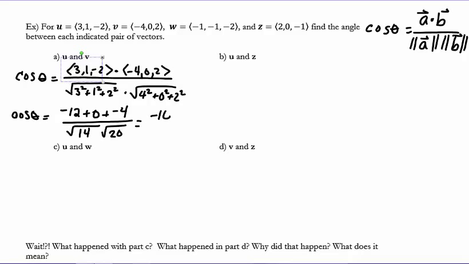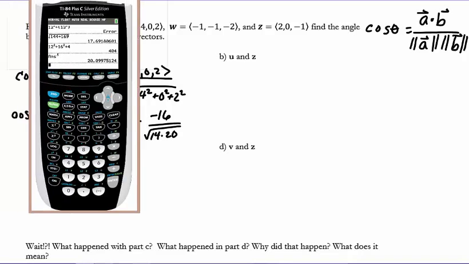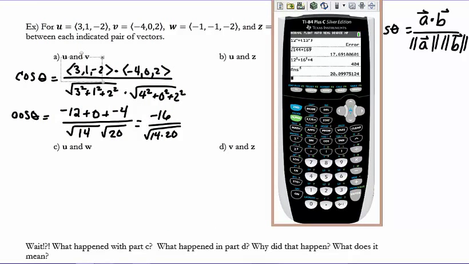So that's going to give me negative 16 over the square root of 14 times 20. So in my calculator, I'm going to do negative 16 divided by the square root of 14 times 20.